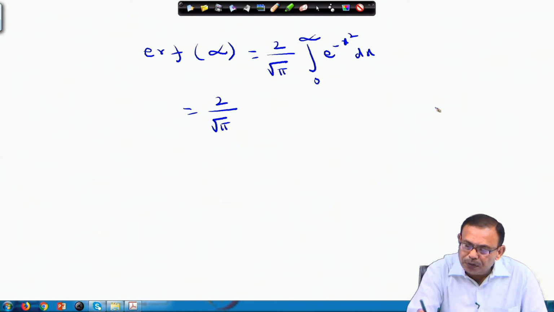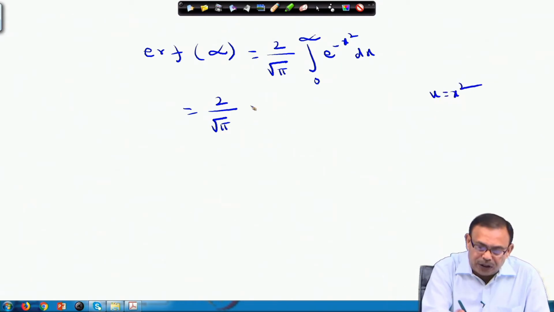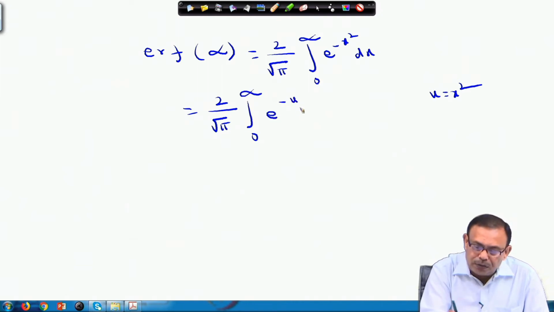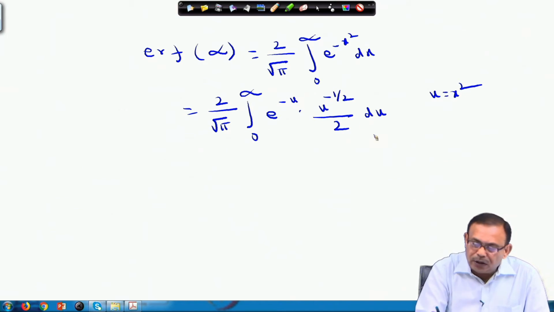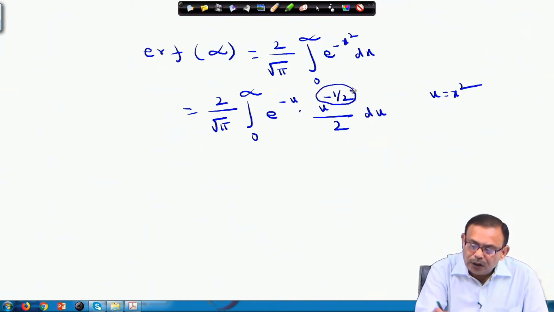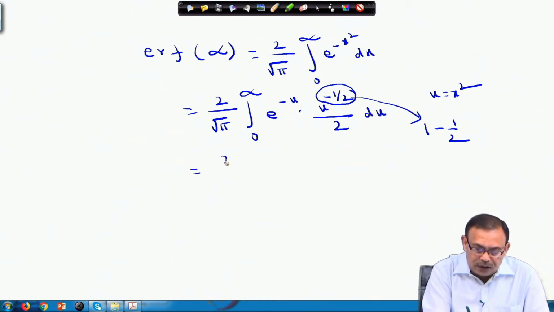If I substitute u equals x square, then this will be transformed to integral 0 to infinity e power minus u into u to the power minus half, by 2, into du. And this minus half you can write as 1 by 2 minus half, so that I can express this function as a gamma function directly.